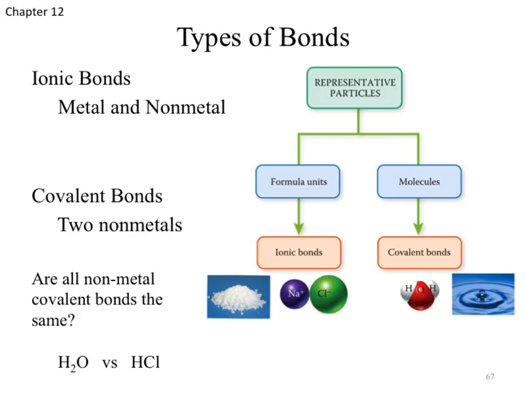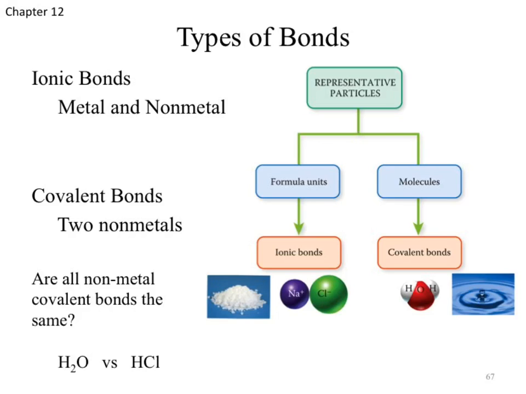So, are all non-metal covalent bonds the same? So we got two nice examples down here. H, which is a nonmetal, O, which is a nonmetal, and we end up with a covalent bond, right? Water.